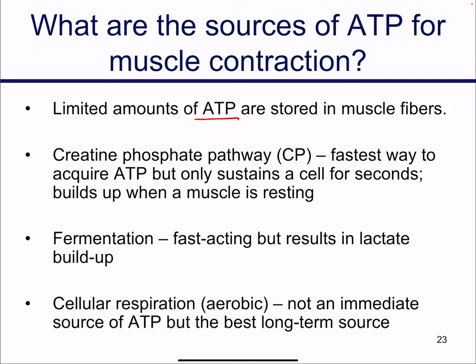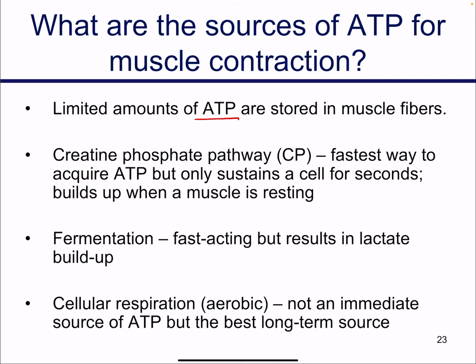Okay? We don't store a bunch of ATP to exercise, for instance, for 2 minutes. No, that is not going to happen, right? Yet you need ATP all the time. So the question is, how is the body managing to actually have ATP on a regular basis?